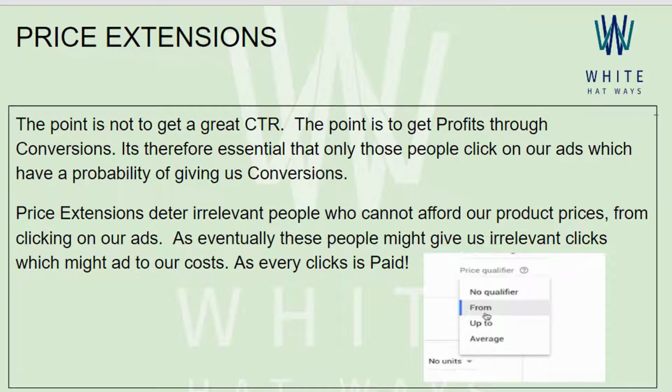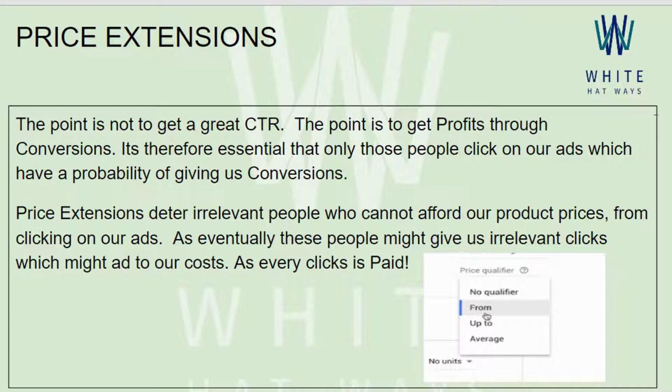The price extensions are basically not to gain a lot of CTR, however to deter people from giving unnecessary clicks. So let's assume that I am looking for a laptop and this laptop is worth 70,000. However, my pocket does not allow me to go in for a 70,000 laptop. I cannot afford this kind of a laptop.